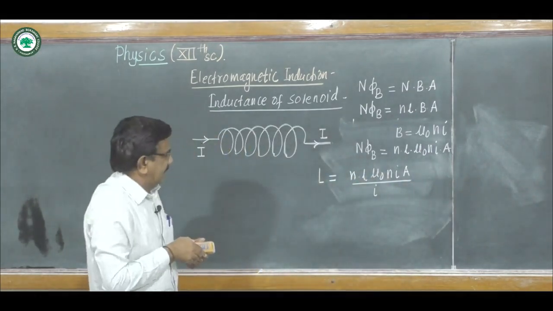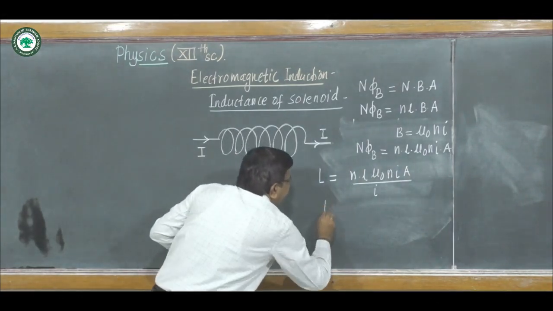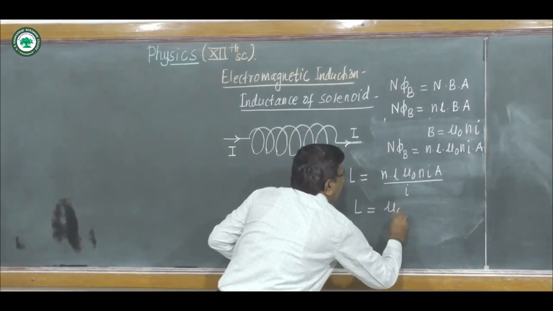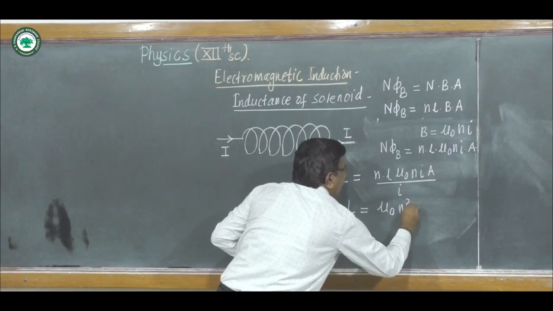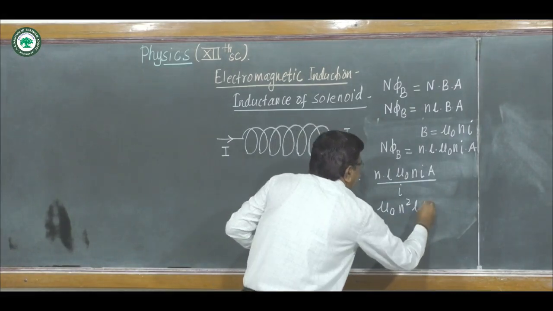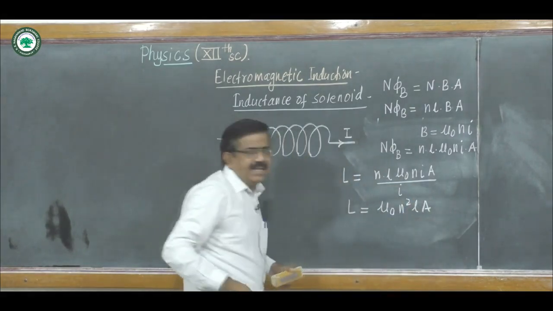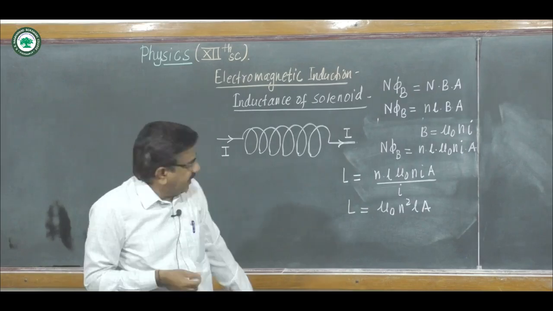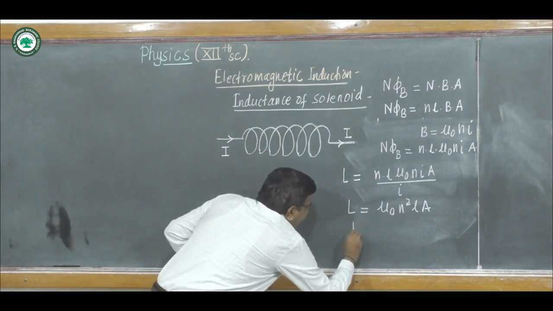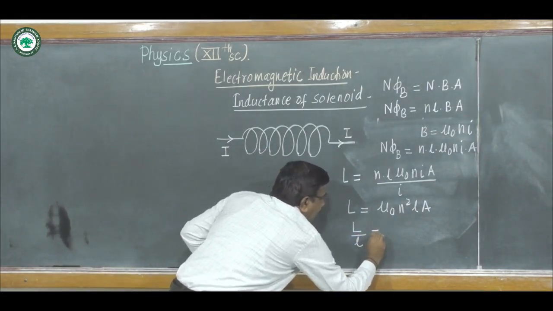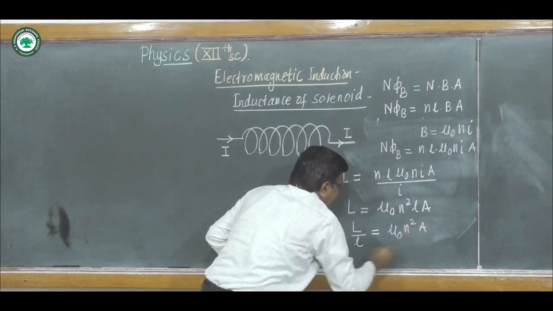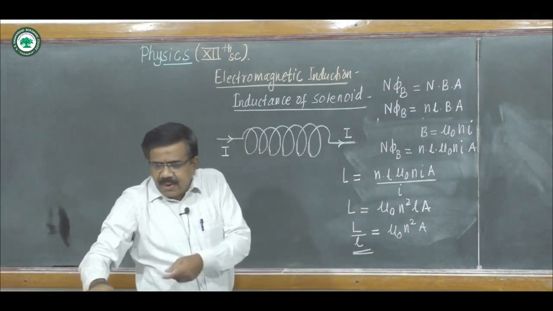I gets cancelled and we get capital L is equal to mu 0 n square l A. Capital L is mu 0 n square l into A. Hence, capital L upon l will be mu 0 n square A. What is this capital L upon l?